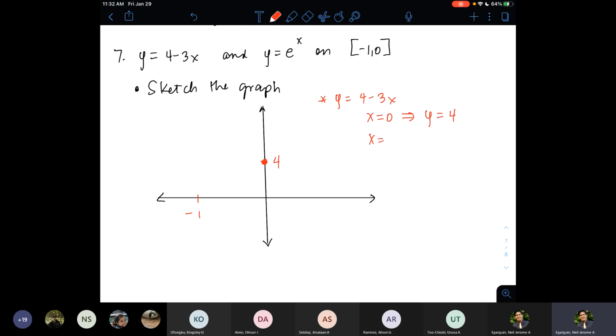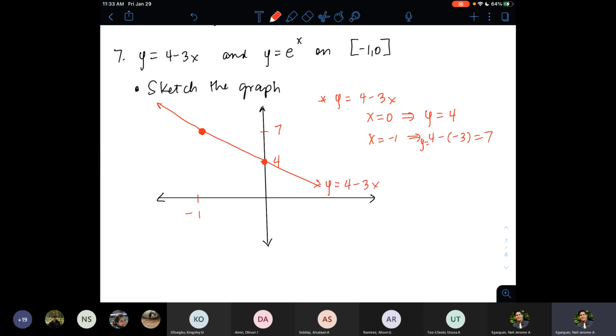So I'll put x equals -1. That would give me 4 minus -3, which is 7. So 7 could be here. Again, my figures are not to scale, so that's why I'm labeling them with numbers. So here would be y equals 4 minus 3x.